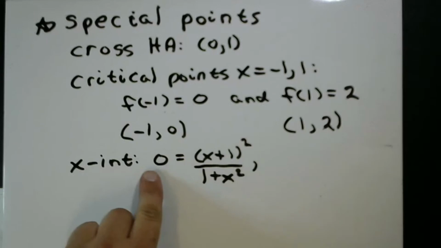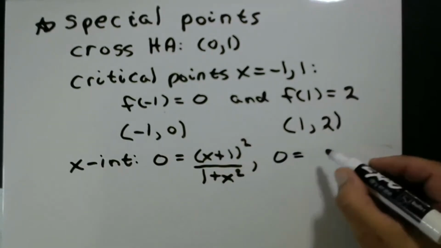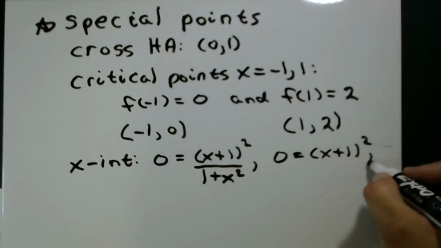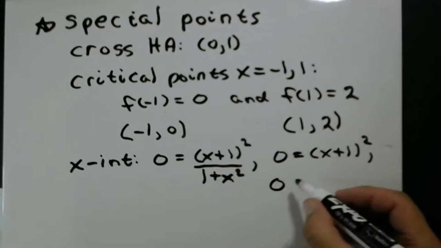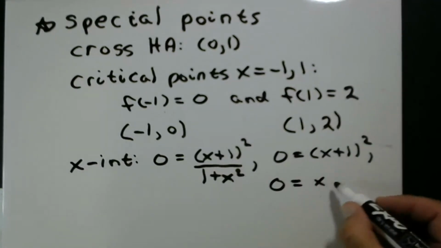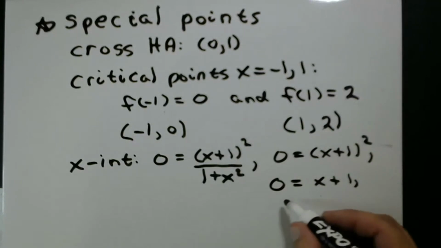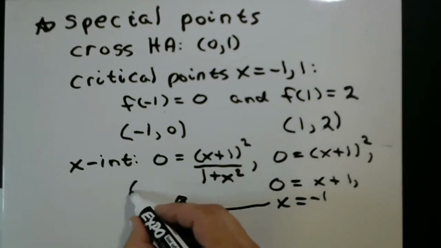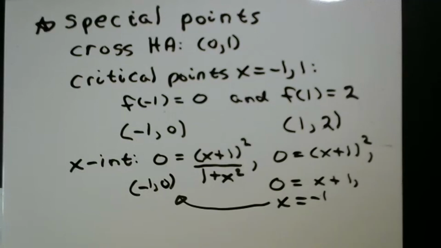So it'll cancel on this side, and it'll be zeroed out on that side. Square root both sides. Plus or minus 0 is just 0. Subtract 1 from both sides. x is -1. So this means the x-intercept is (-1, 0).